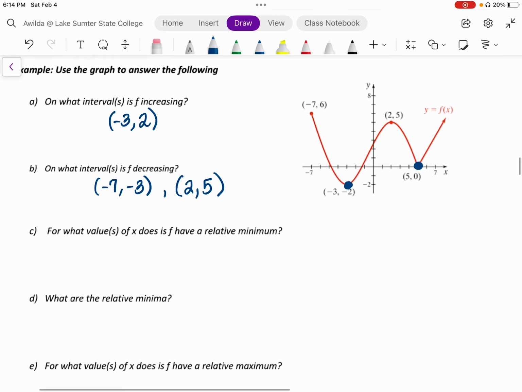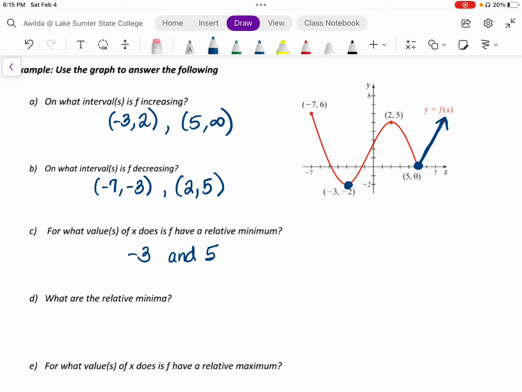So there will be a relative minimum at x equals -3 and at x equals 5. And actually, I'm looking back and I think I missed something for part A. I also see that the function is increasing in this interval as well. So it's increasing between x equals 5 and +infinity.